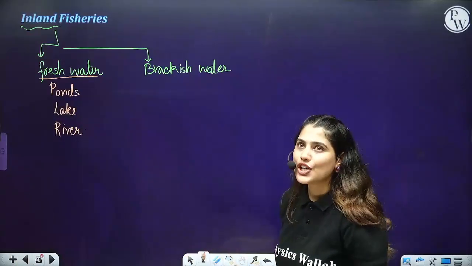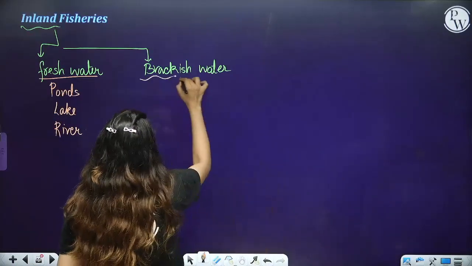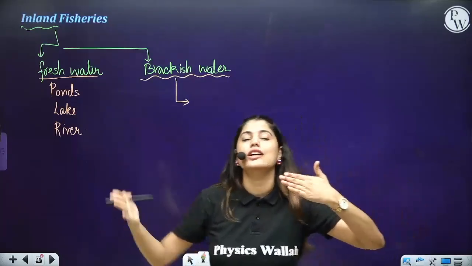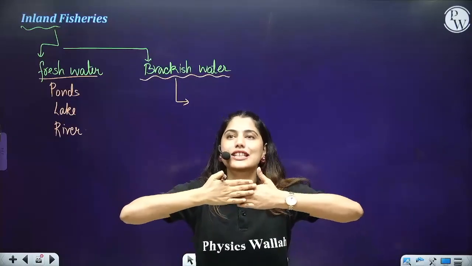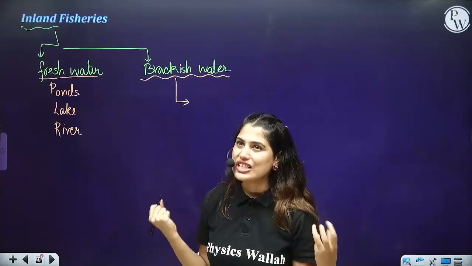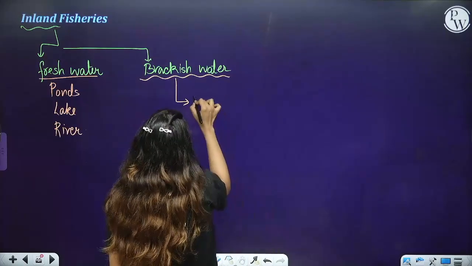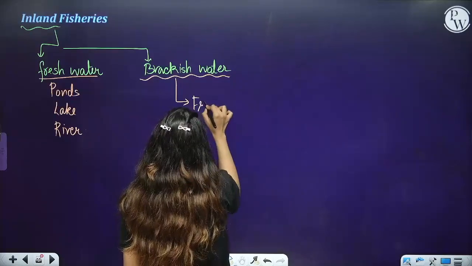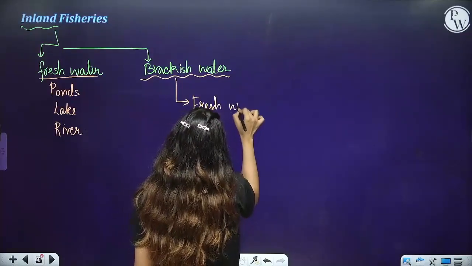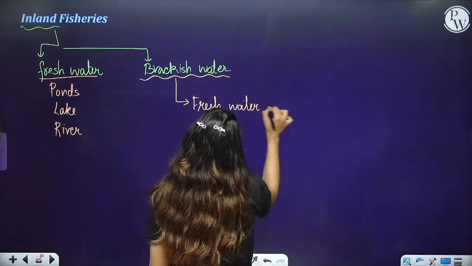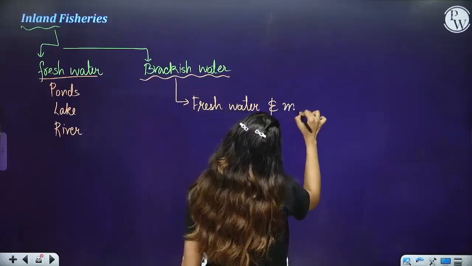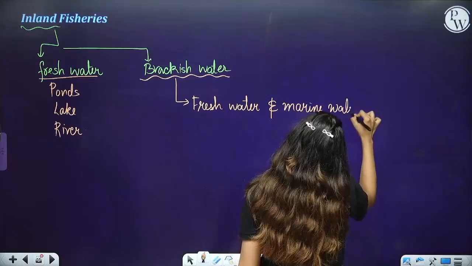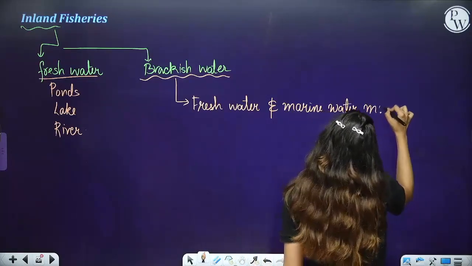Now we have brackish water sources also. What are the brackish water sources? Brackish water basically is the water where the fresh water and the marine water mix together.